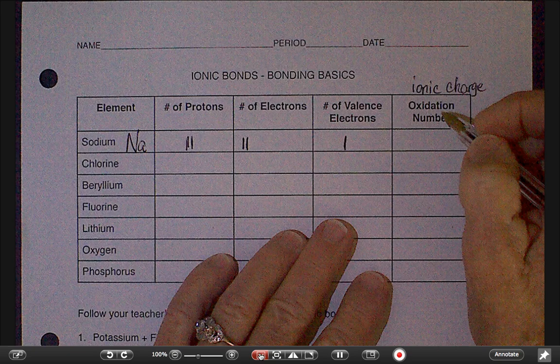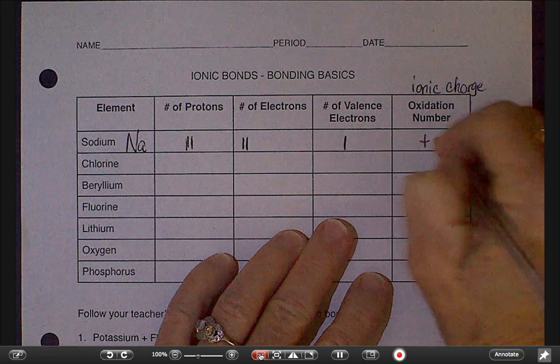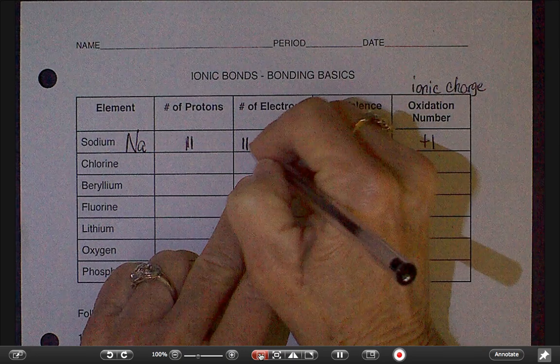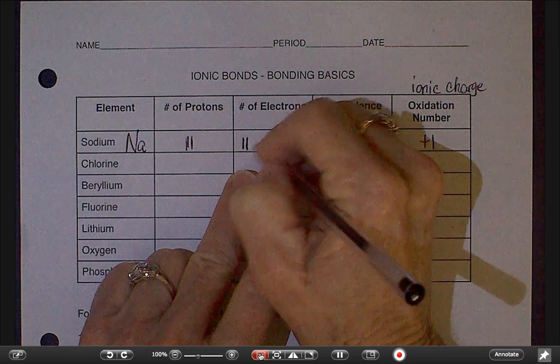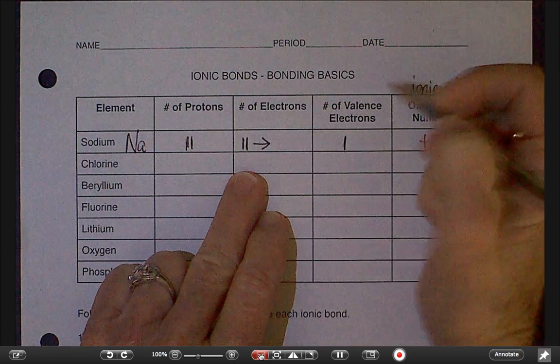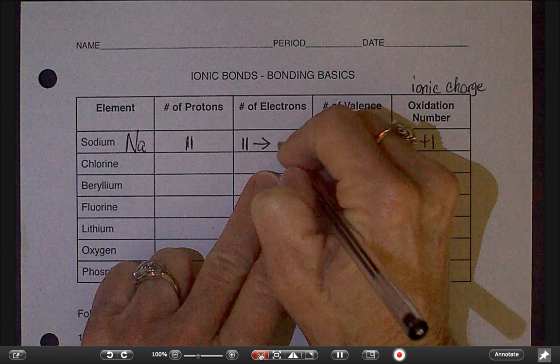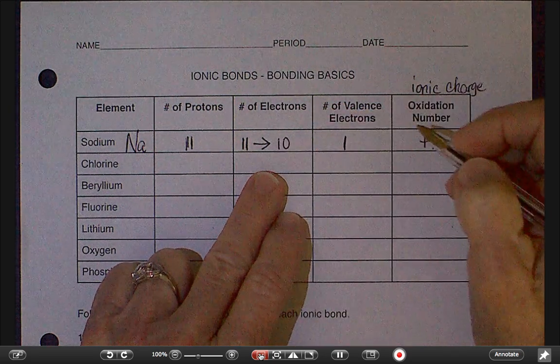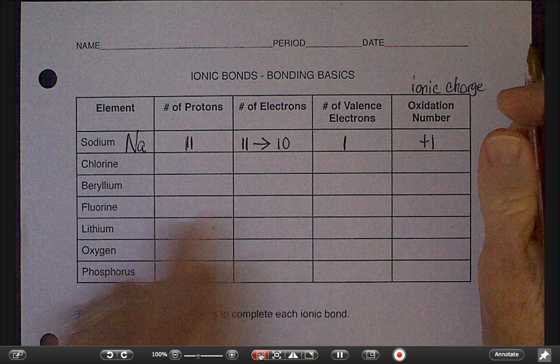Plus 1. So how does it get to be a plus 1? It has 11 electrons for the neutral atom, and then when it loses its one valence electron, it ends up with how many? 10. 11 minus 1 is 10. Okay?